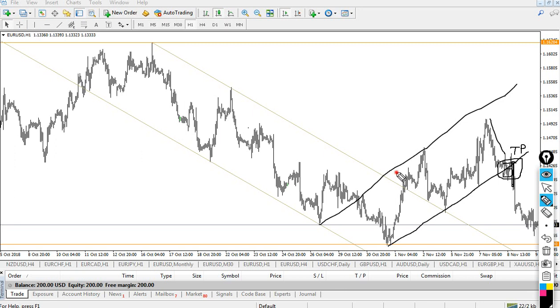Consolidation always makes ups and downs, ups and downs. That means the market is going to be consolidated here, like this. After this we determine that yes, the market is going down right now. Now let's move to the other part.